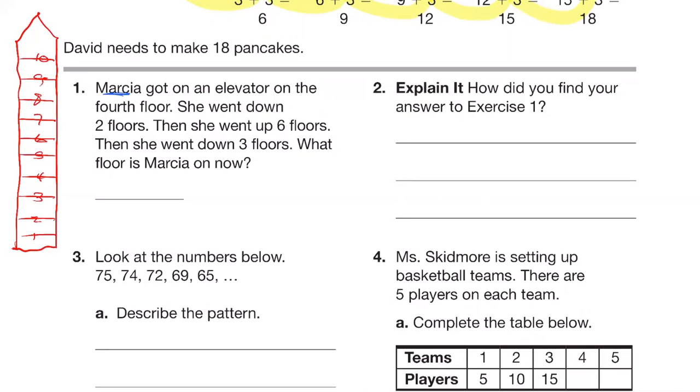Marcia got on an elevator on the 4th floor. So she started on the 4th floor. That's your starting point. You could write the note so you remember when you write it. She started on the 4th floor. She went down 2 floors. 1, 2.